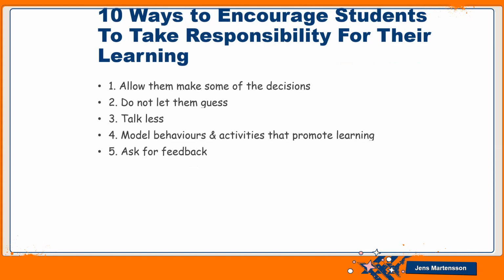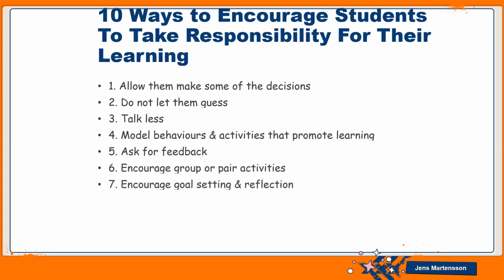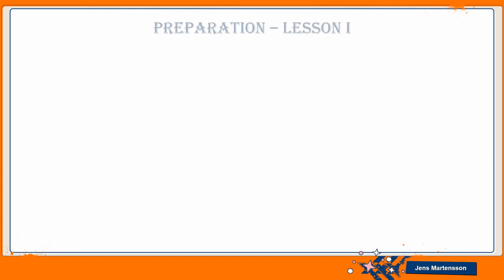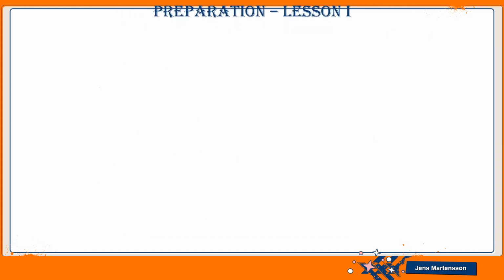Ask for feedback, encourage group and peer activities. Encourage goal setting and reflection, plan with relevance, focus on learning, not marks. Organize student-led conferences. When you do this, you will be able to harness the learning a lot.